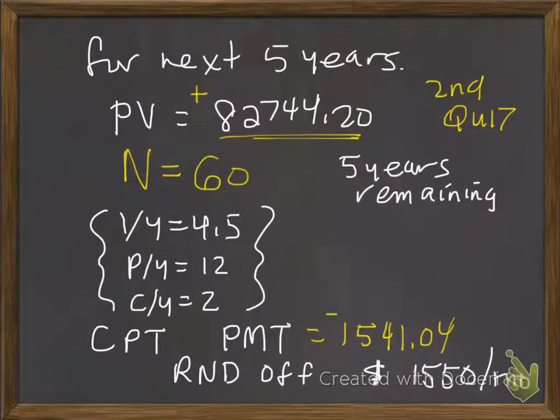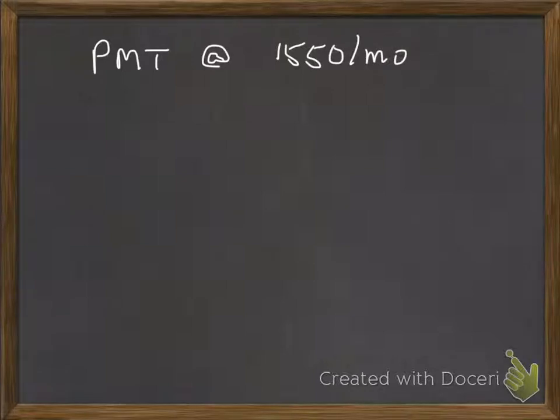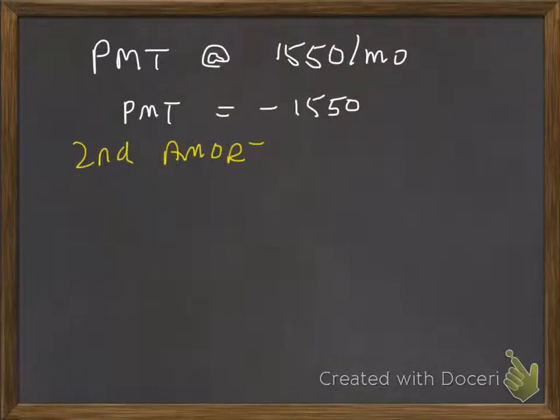Now, once you've got these payments of $1,550 per month, you're going to overwrite the computed value by entering in payment equal to negative $1,550, and you're going to go to second amort one more time, because what you want to do is to find the size of the last payment.